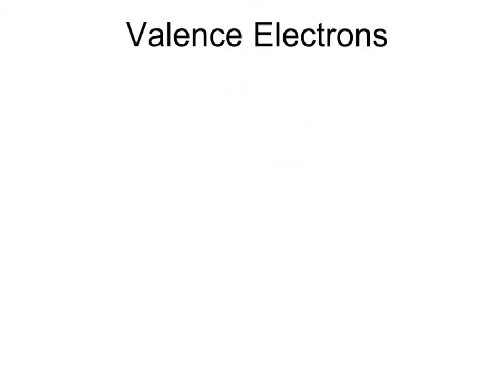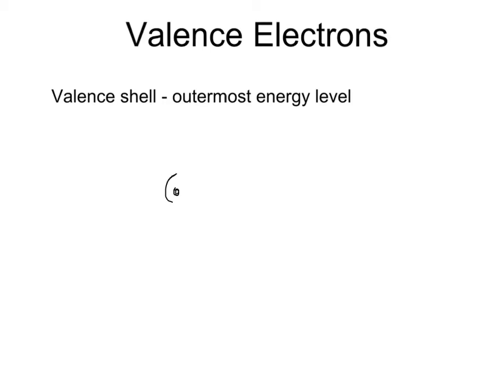So let's go ahead and quickly review valence electrons. First, we have to remember what constitutes the Bohr model. Now, the Bohr model has a nucleus and then has electron shells. These shells are the energy levels. Now, the valence shell is the outermost shell, so the highest energy level.